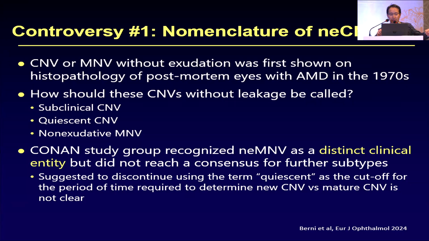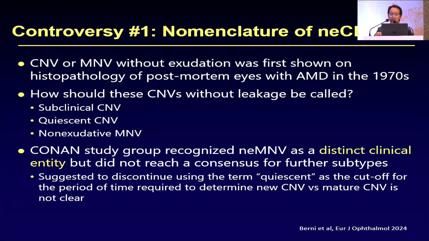So what are the controversies for this topic? Firstly, the nomenclature. How should we term these lesions? This CNV has actually been described for a long time. Back in the 1970s, histology of postmortem eyes with AMD showed a CNV without any exudation. So should these be called subclinical CNV, quiescent CNV, or non-exudative MNV?